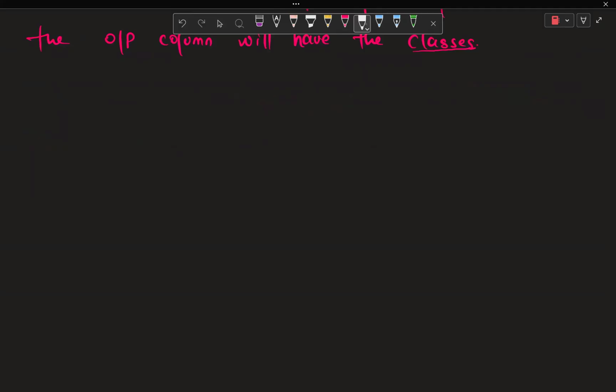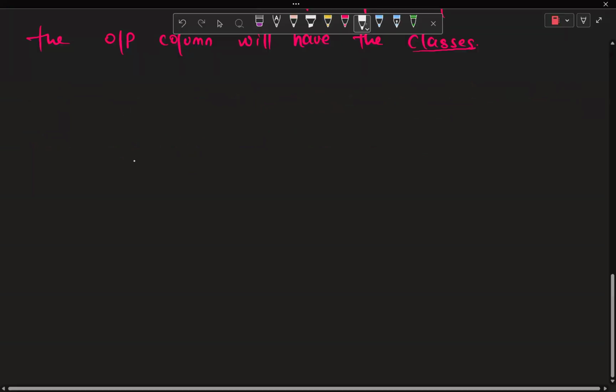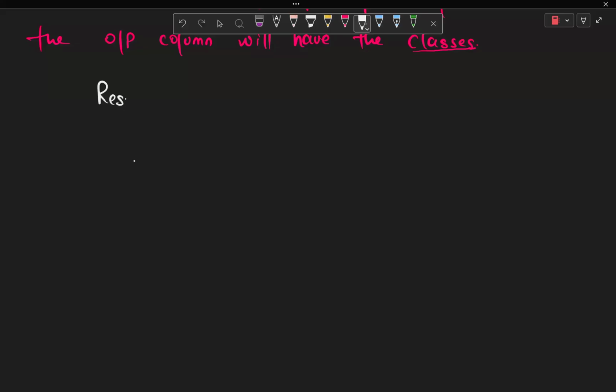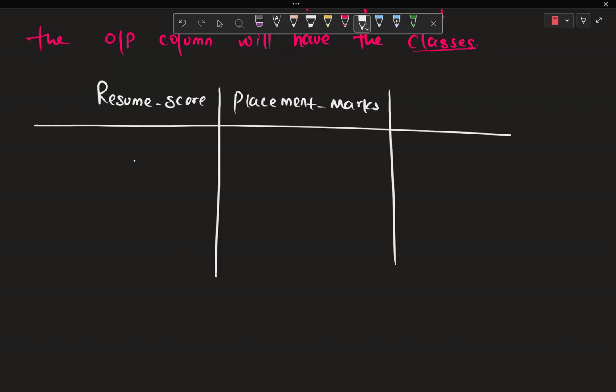What classes do I mean? See, based upon resume score and placement marks, you are just detecting whether a learner got placed or not.